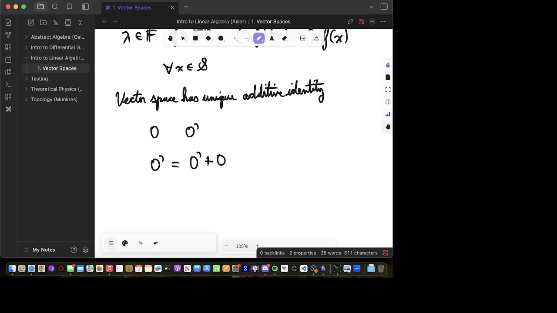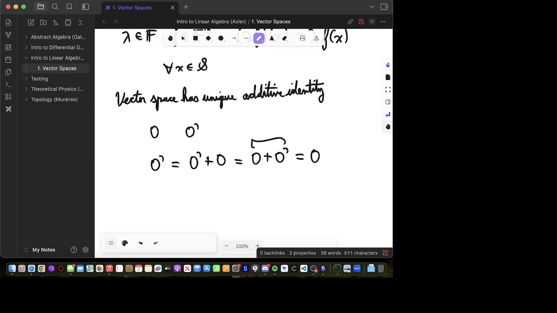Furthermore, because vector spaces are commutative with respect to addition, we can swap these around. And remember that 0 prime is an additive identity. So that means this is simply just going to be equal to this.